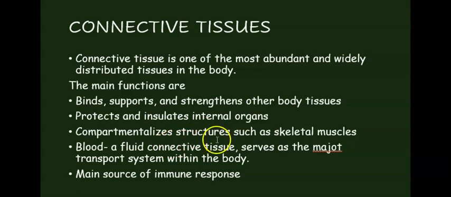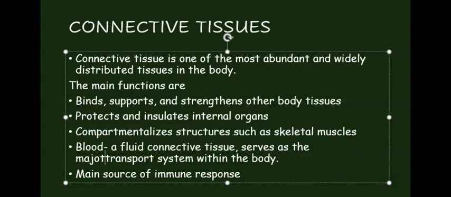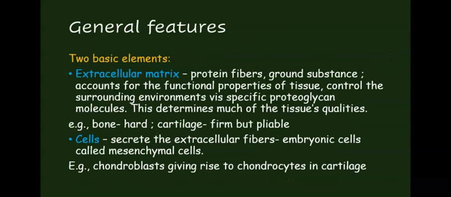Then it compartmentalizes structures such as in skeletal muscles. Then blood, a fluid connective tissue, serves as a major transport system within the body and the main source of immune response, like macrophages, etc. So the general features: the two basic elements are the extracellular matrix and the cells.